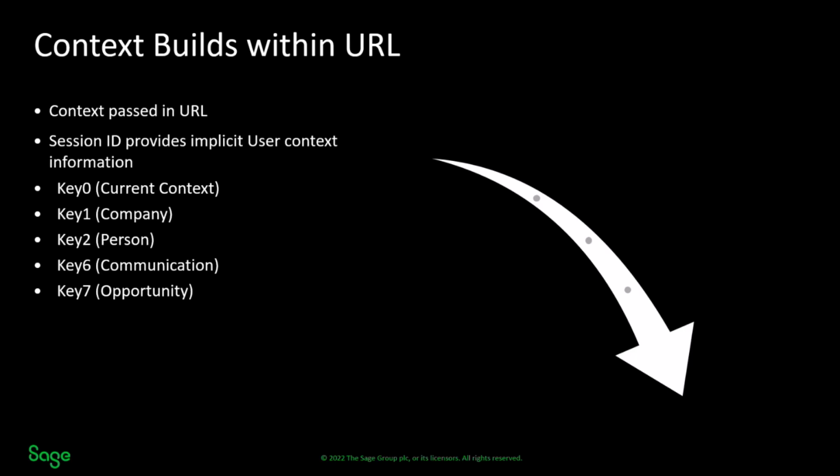But I've got all of this current context, the company, the person, the communication, and the opportunity, all gradually building as I move through the interface, working out where I am. You'll always, though, know who has logged on and the main entity that is currently being viewed.